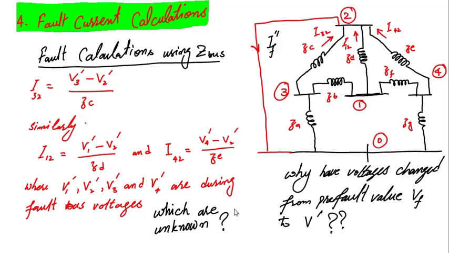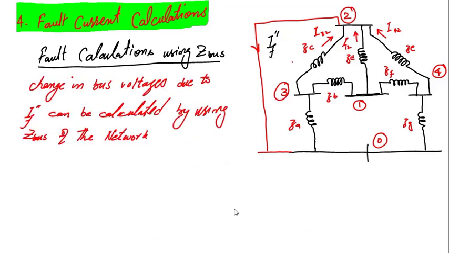Actually the fault current is flowing out of the bus, but if we treat it as a current injection, it becomes minus IF double dash. It means a fault current flowing out of the network has an impact equivalent to a current injection with a negative value into the same bus. Let's see how to calculate that change in voltages due to this current, IF double dash.